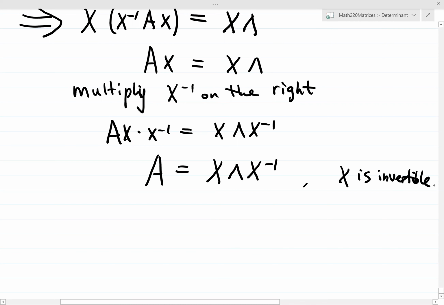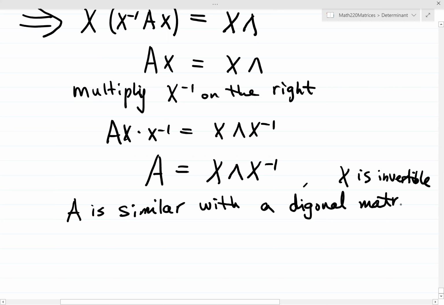So you see what happened is a chain of bases. We have similar matrices: A is similar to a diagonal matrix.